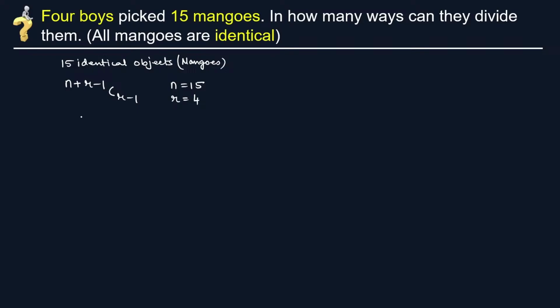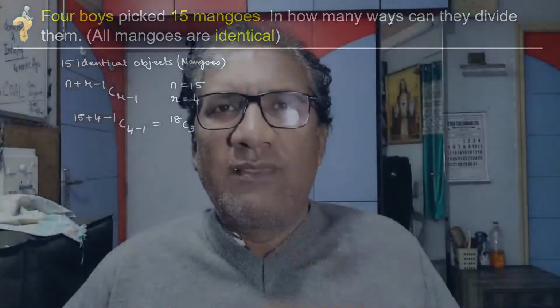If I use this formula directly, we will get 15 plus 4 minus 1 C 4 minus 1, which gives us 18C3. Is it clear? So there are a total of 18C3 different ways in which these 15 identical mangoes can be distributed among these 4 people where there is no restriction. Anybody can get any number of mangoes, including 0. Is it clear to everyone? Have you understood the application of this Beggar's method?